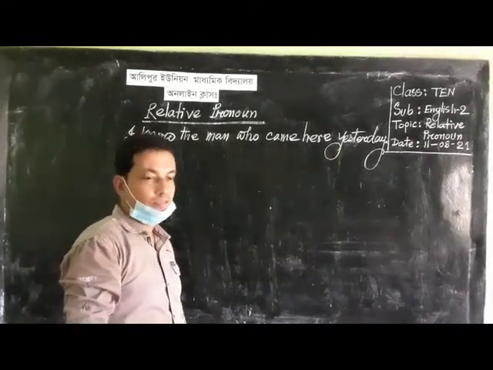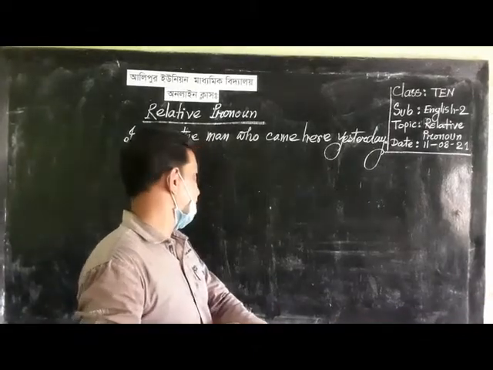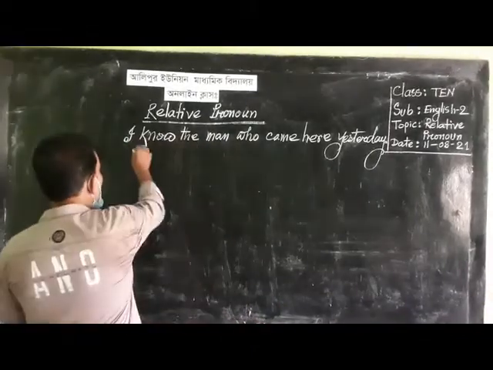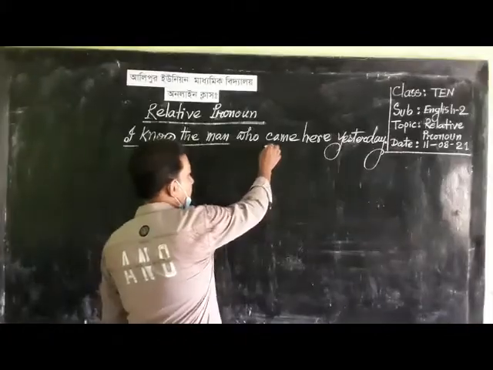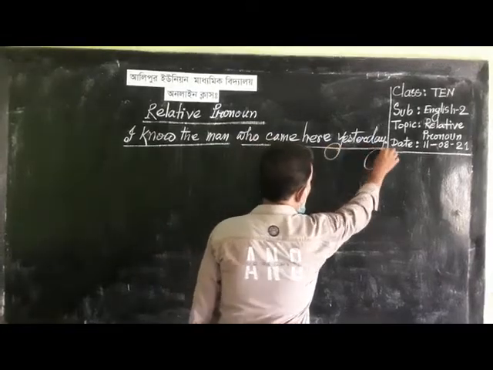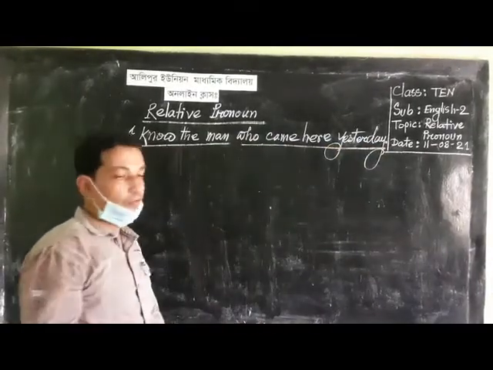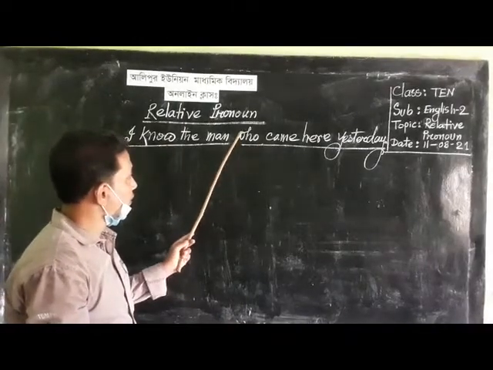This is a greater sentence, and there are two parts of this sentence: I know the man is the first part, and who came here yesterday is the second part. And you have noticed that I have used a relative pronoun.